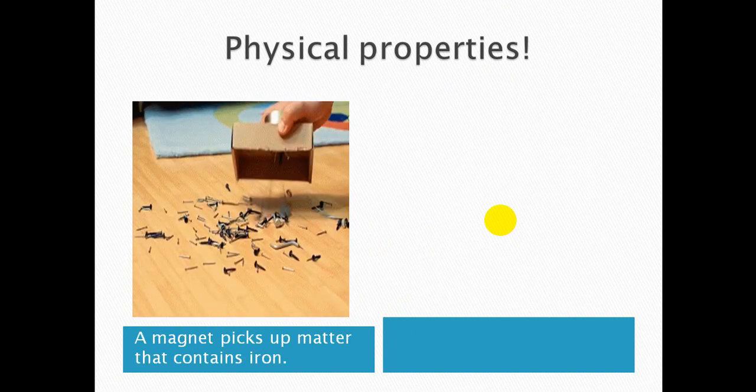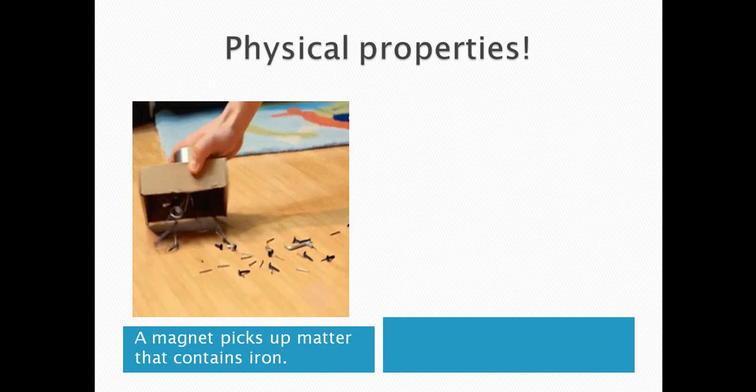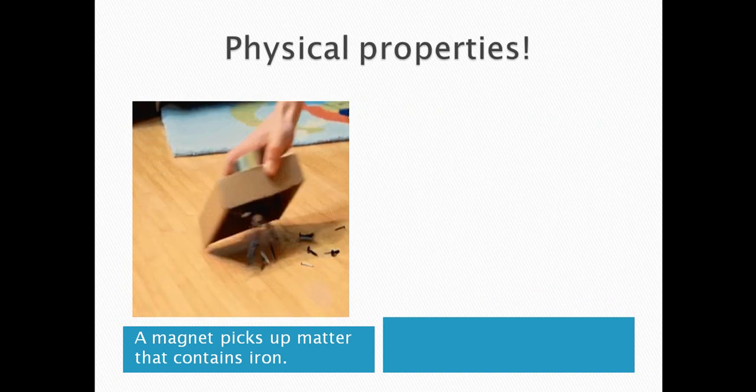Another example is the magnet. Do you know a magnet? What does it pick up? It picks up matter that contains iron, that has metal. But what about plastic and wood? Can the magnet attract them? Of course not.